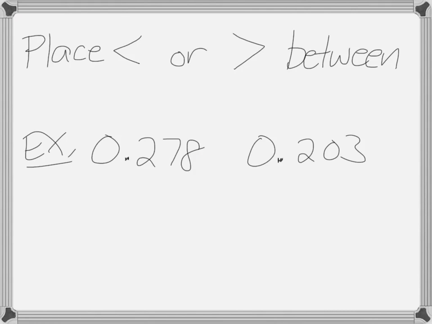Let's look at comparing two decimals to determine which one is greater. So we're told to place one of these two symbols in between. The first one is a less than symbol, and it looks a little bit like an L that's tipped over, L for less than. And the second one is a greater than.